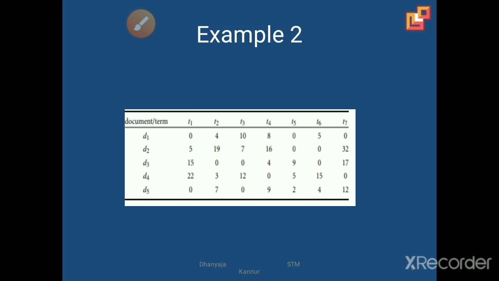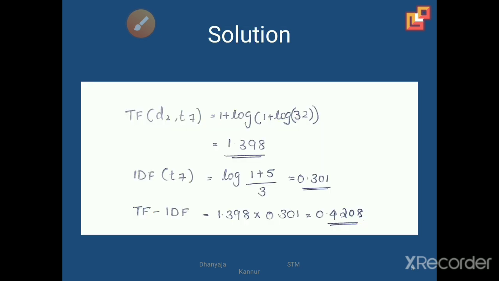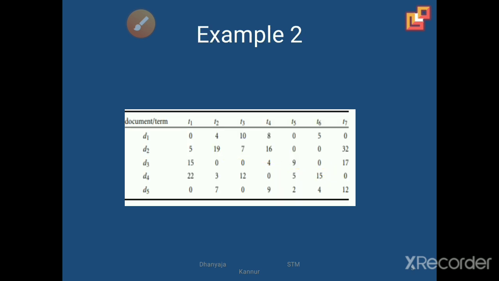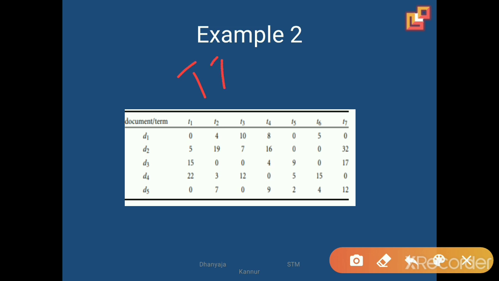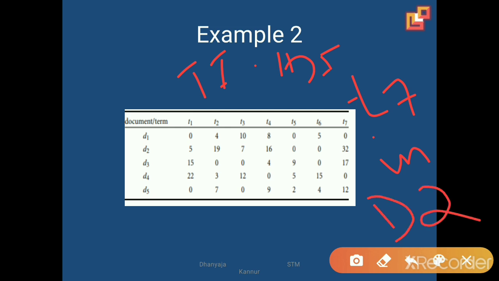Now we will see what our question is: finding the TF and IDF value of term 7 in document D2. So this is the equation. How will we find it?